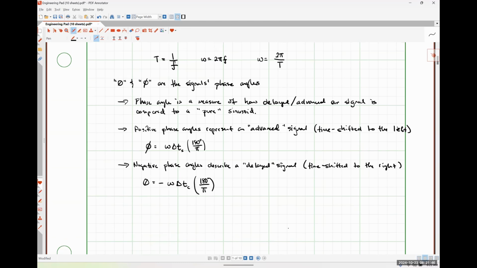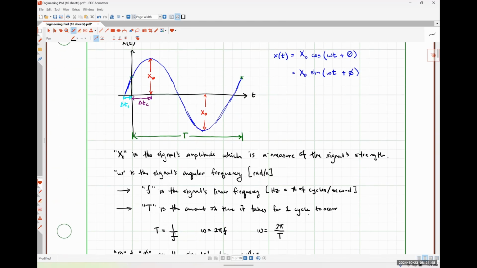Okay, let me just recap here. We can represent any sinusoidal signal as either a cosine function or a sine function. It will have some particular amplitude, which in this case I've called x naught. It will have an angular frequency omega, and it will have a phase angle, theta or phi.